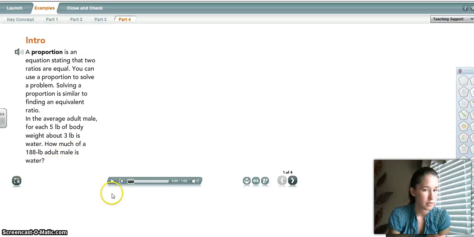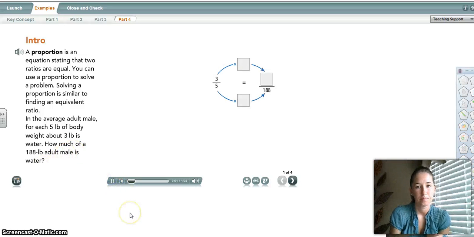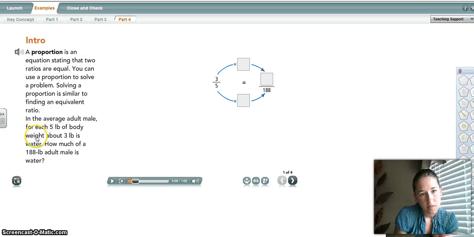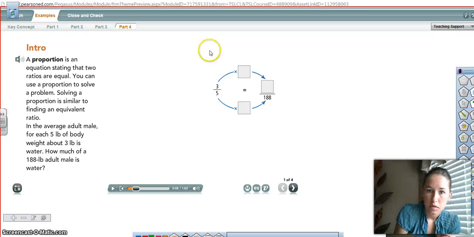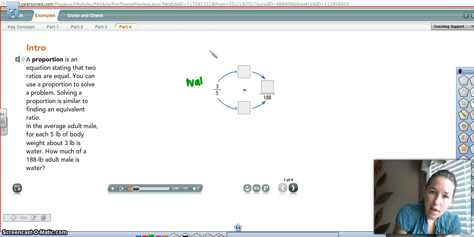All right, let's watch and solve. Previously, you might have tried to find a ratio equivalent to 3 to 5 with a denominator of 188 to solve this problem. Okay, first let's think about how they set this up. They had put the amount of water on top and the body weight on bottom.